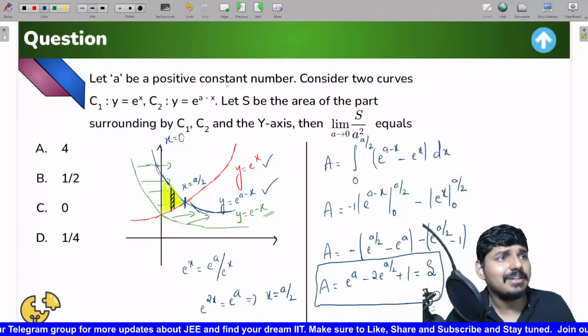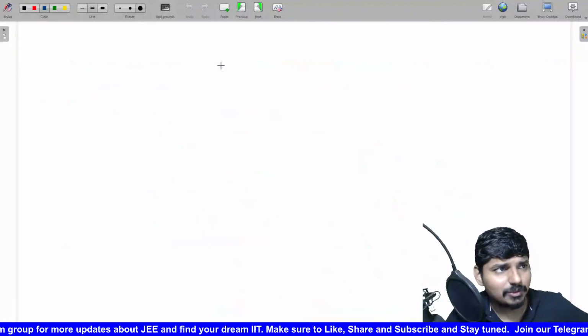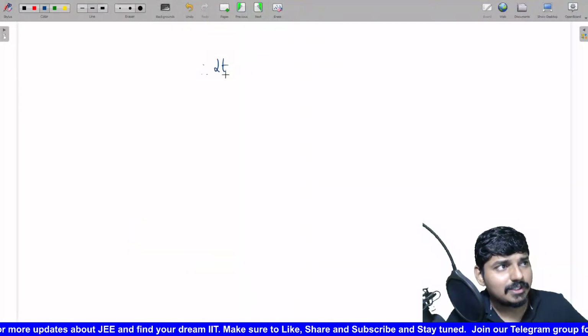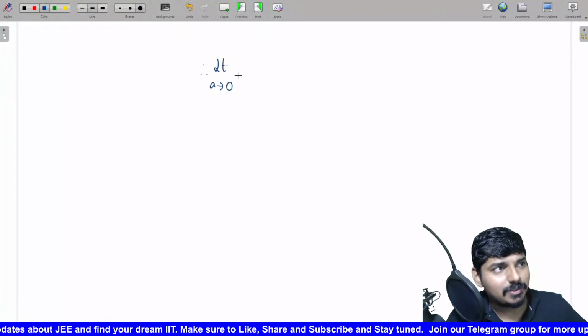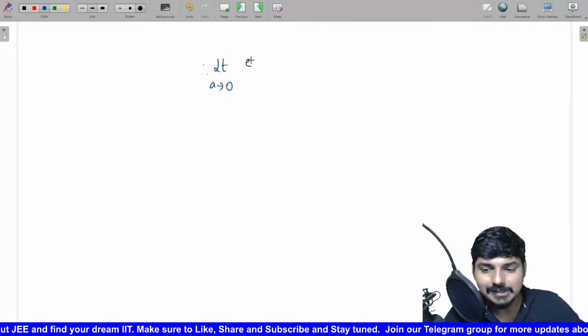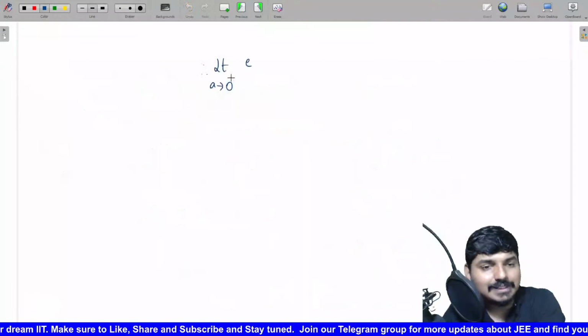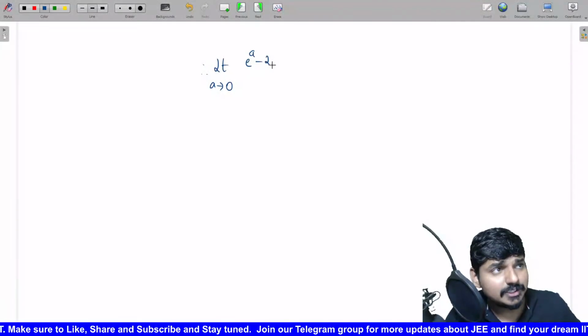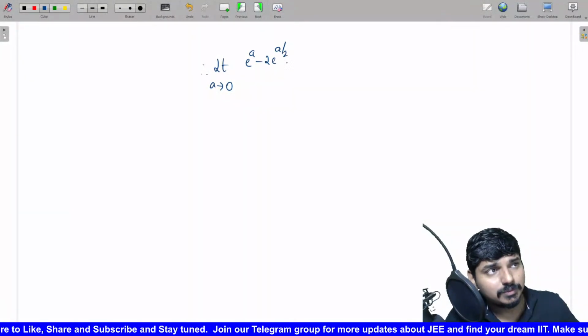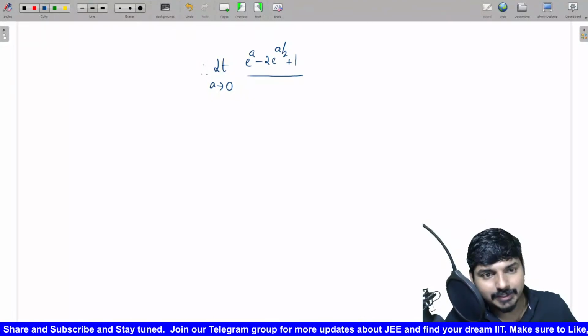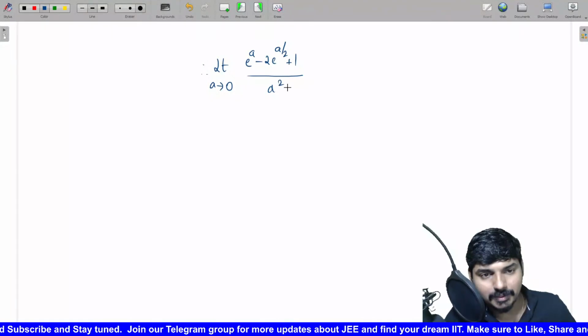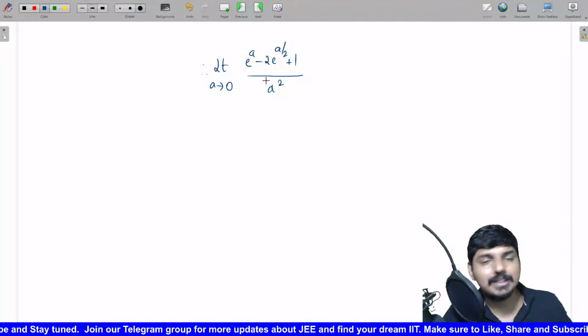We need to find the limit a tending to 0. S, we got to know the answer. What is S? We got e raised to a minus 2 into e raised to a by 2 plus 1, whole divided by a square.